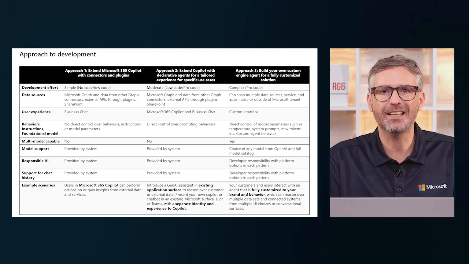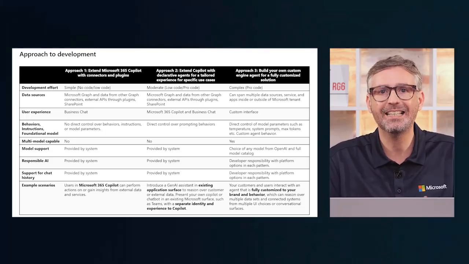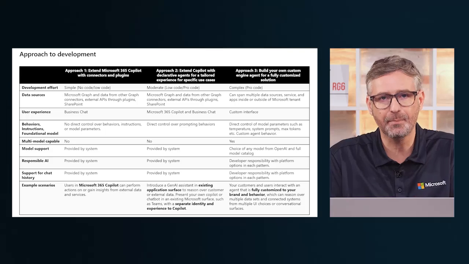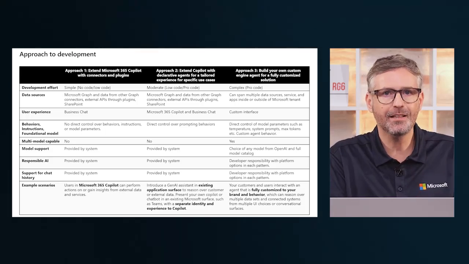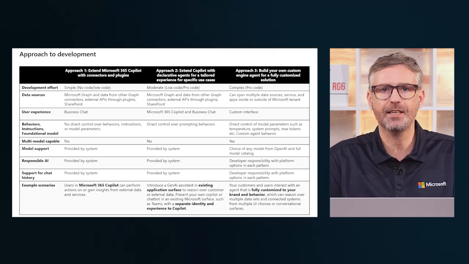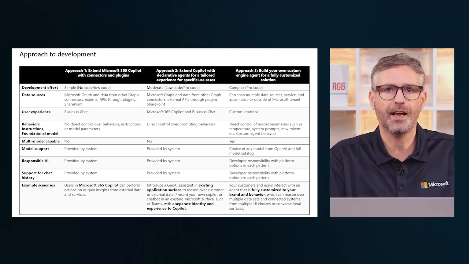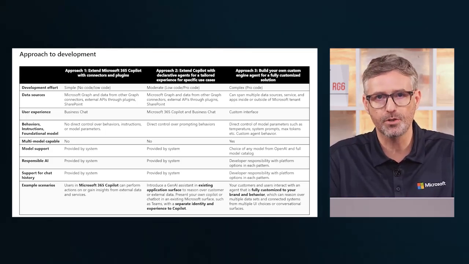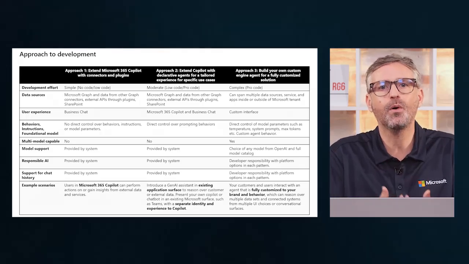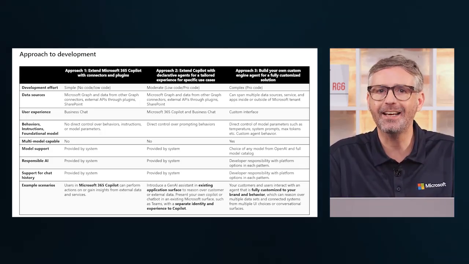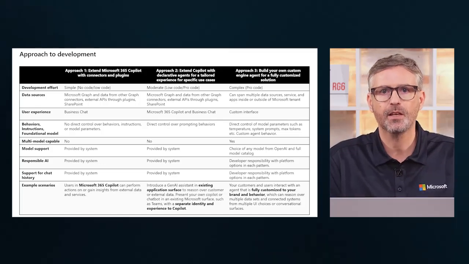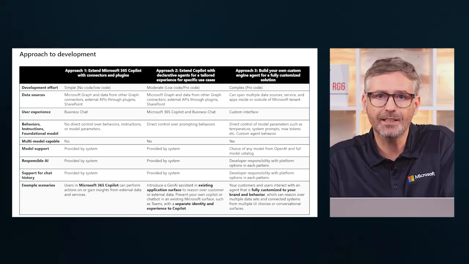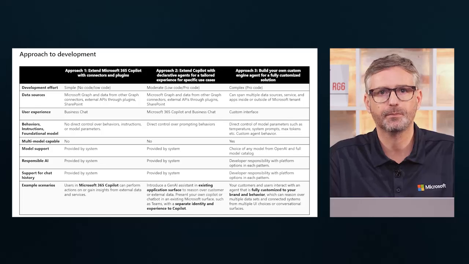It allows for a tailored experience for specific use cases by introducing a generative AI assistant in existing applications. And finally, the third approach, build your own custom engine agent. It is more complex and uses pro-code solutions, offering a fully customized solution with direct control over the model parameters and behaviors, supporting multiple data sources and also models.